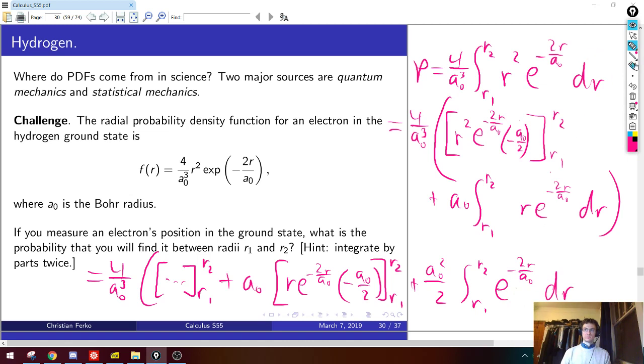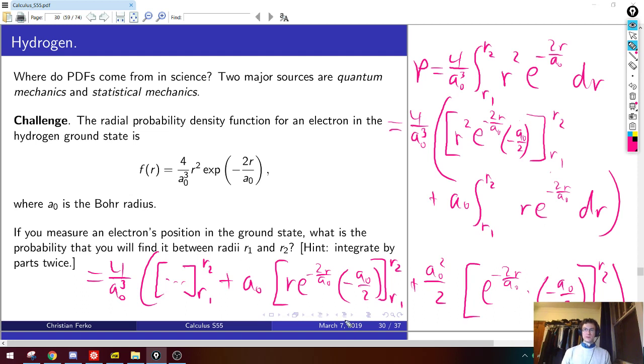And that is then e to the negative 2r over a naught times negative a naught over 2. Good, you got it. And right, this brackets time, from r2 to r2 minus r1 or whatever. Yeah, I'm not going to write all those out, but yeah, so good. It's a sum, as you say, of 3 bracketed terms.